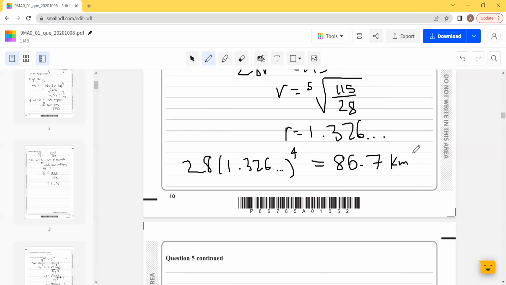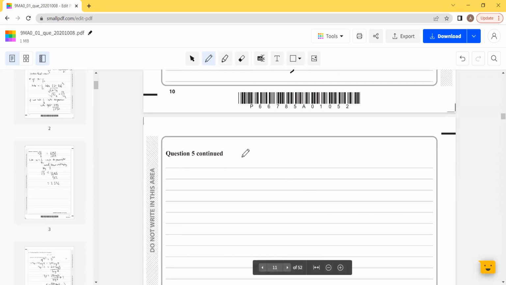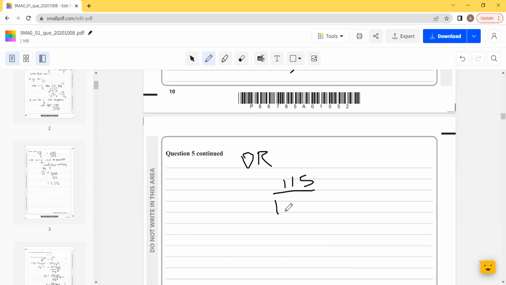Or I could also do, because I know what the fastest speed is in the sixth gear, 115 over r. Okay, 115 over 1.326, which would again give me 86.7 kilometers per hour.